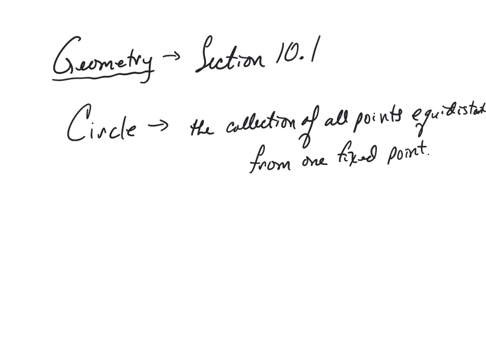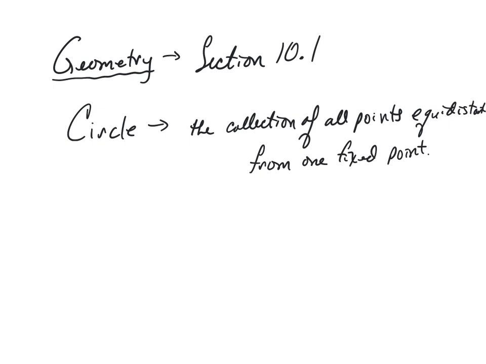So if we were in class, what I would do is dig out a compass, just like you guys would have done many of your construction projects with this year. And I'd construct a circle by putting the fixed point on the chalkboard and then using the arm of the compass to show all of the points that are equidistant from that one fixed point.